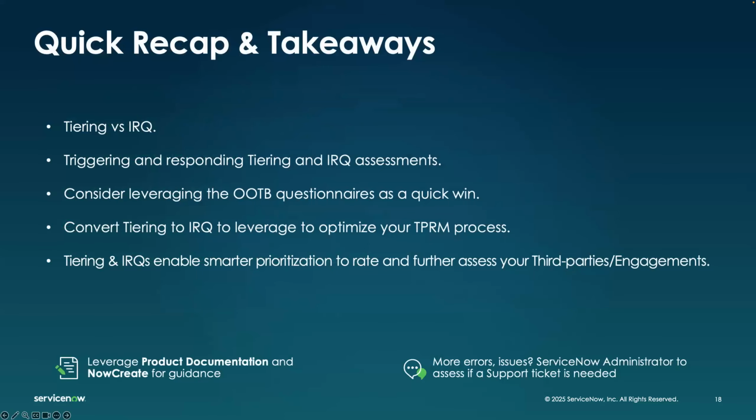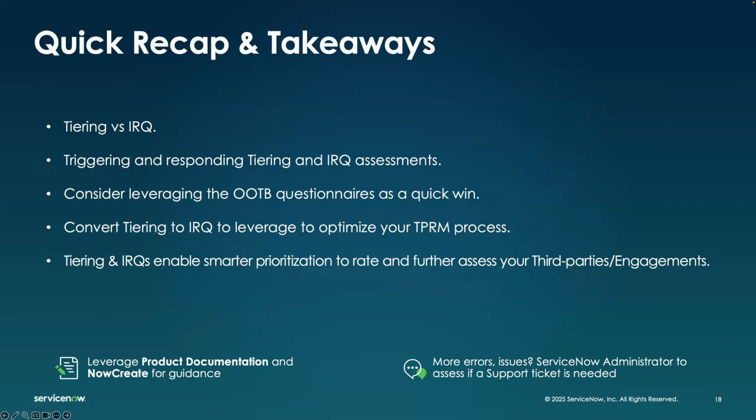All right, so a quick recap and takeaways. As you have seen, we have gone through understanding what is tiering versus IRQ. We have seen triggering and responding to the tiering and IRQ assessment. Make sure you are leveraging the out of the box questionnaires as a quick win. You can always make changes to those before you roll it out to your business users.